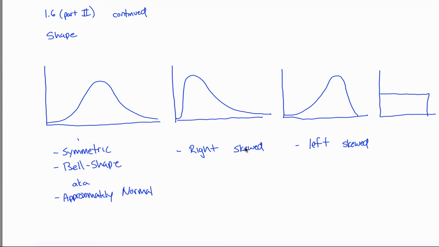So with the right skewed distribution, the classic example, the one you'll see way more common than any other one, which you will likely see in this class at some point, is income. If you think about household income, right? Maybe 100 grand is right here and 200 grand is right here and 300 grand is right here and so forth. Most people make between 0 and 400 grand. Most people do. I know I'm certainly in that 0 to 400 grand range as far as annual income goes.